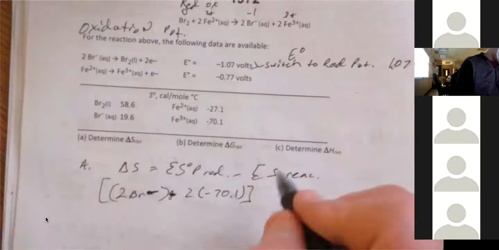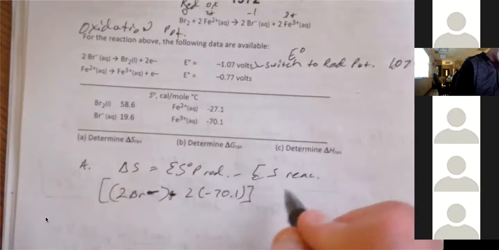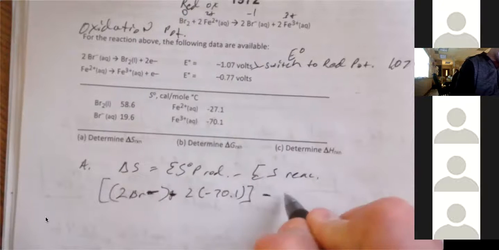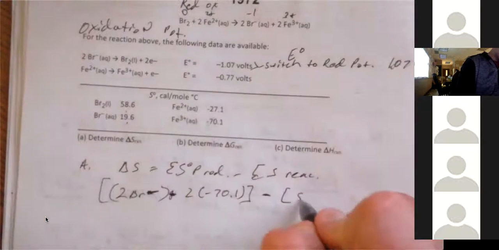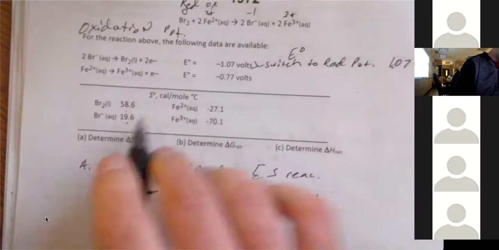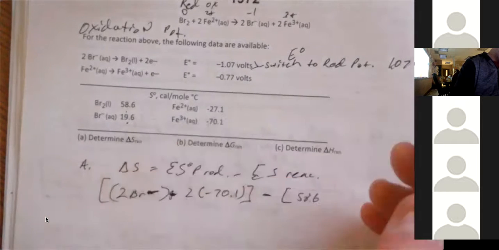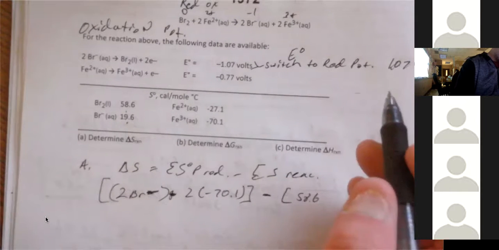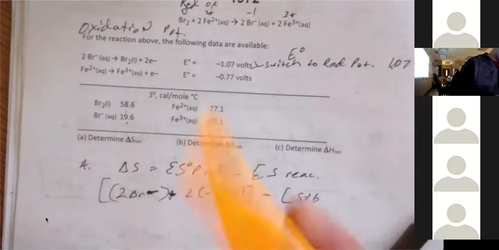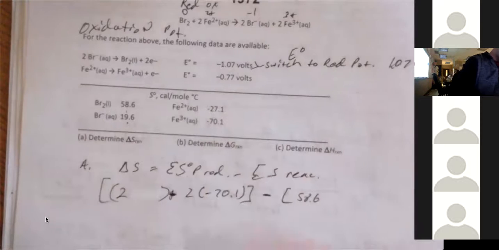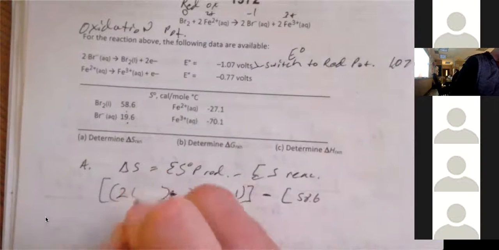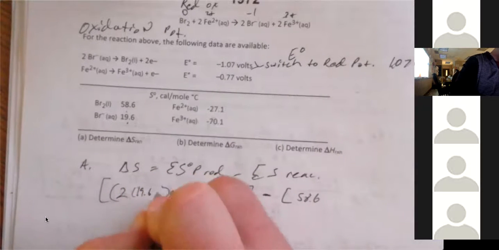And then we're going to do the reactants. Subtract 58.6 and, oh, I didn't do the number here. I'm going to go ahead and do the number there real quick. I actually wrote the Br. So 2 times 19.6.